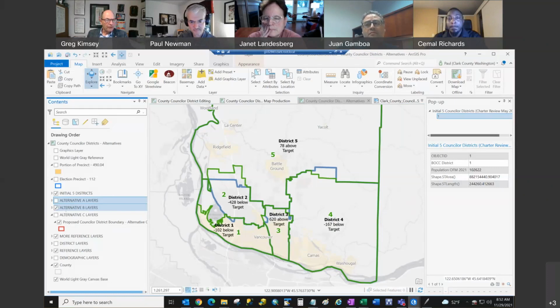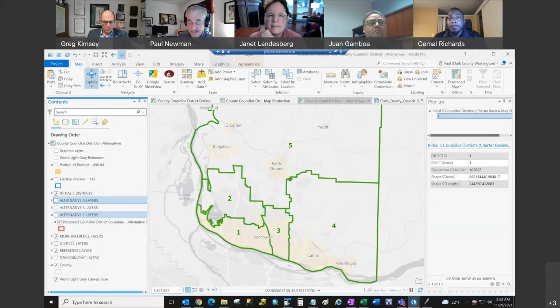Just to clarify, yes, it's what the Charter Review Commission put forward for the voters to consider. It appeared on the ballot, and the voters, by a very large majority, approved that plan. So it's the voter-approved plan. With alternative C, so Janet, does that make sense? That makes sense on B.